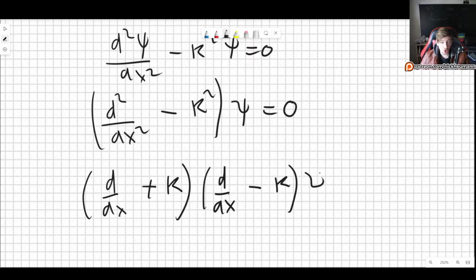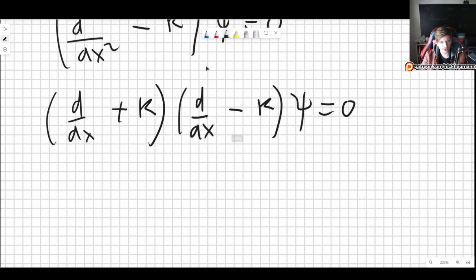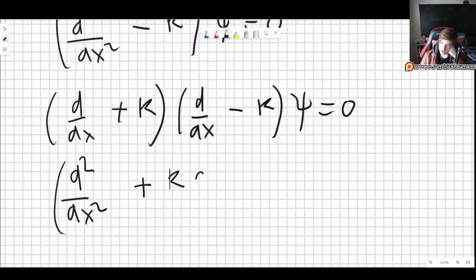Now you can't always do this, and I will show you when you can and cannot. So let me just quickly show you, right? And if you're not sure if you can, just multiply through and see that you indeed get the same thing. So to check if this actually works, let's just multiply through, right? So this will help you see the condition where it works and where it doesn't. So first, of course, we get a second derivative with respect to x, and then we get plus k times the space derivative.